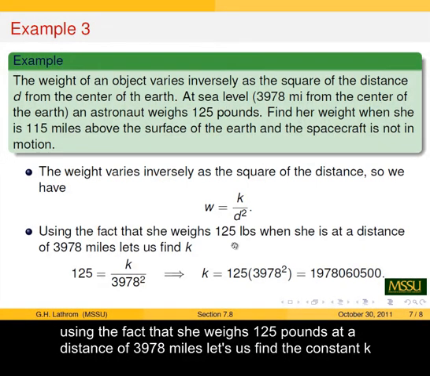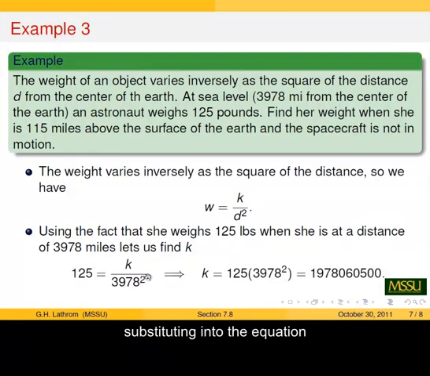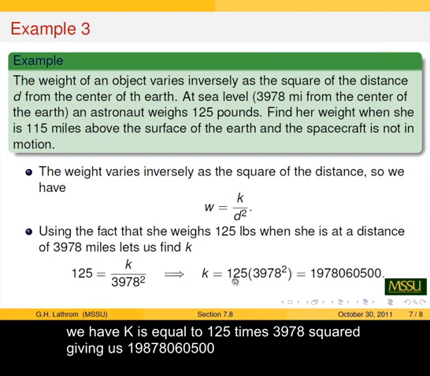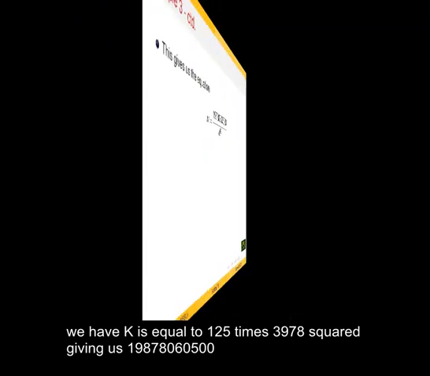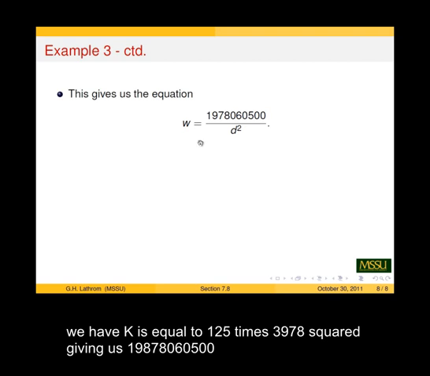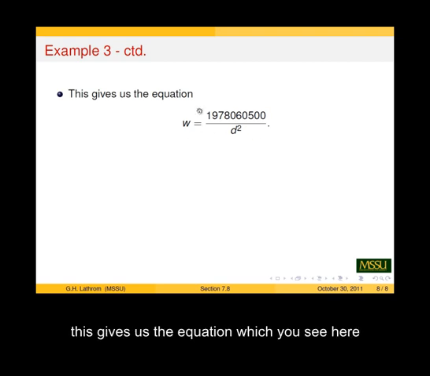Using the fact that she weighs 125 pounds at a distance of 3,978 miles lets us find the constant K. Substituting into the equation, we have K is equal to 125 times 3,978 squared, giving us 197,806,500. This gives us the equation which you see here.